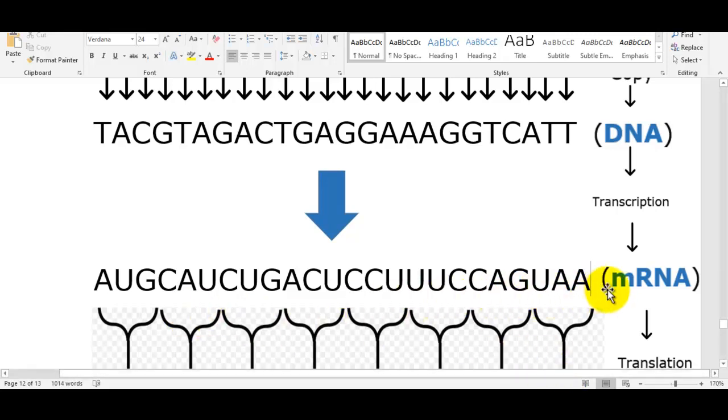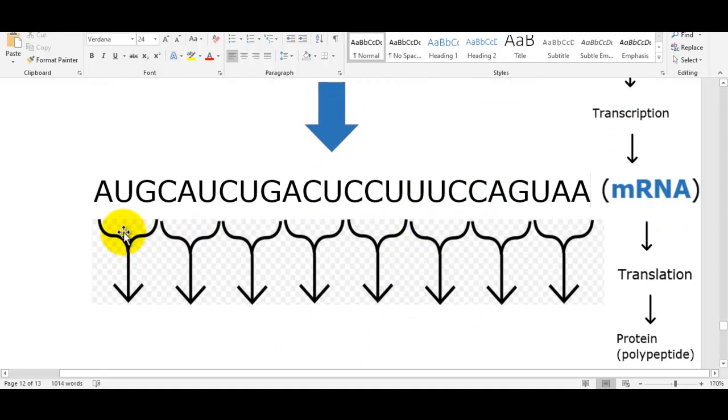All right, now we have finished filling in our messenger RNA strand. If you count each base pair, in our particular example, it should be 24. Now, these represent the transfer RNA molecules that are going to move out into the cell cytoplasm and attach to the correct amino acid.